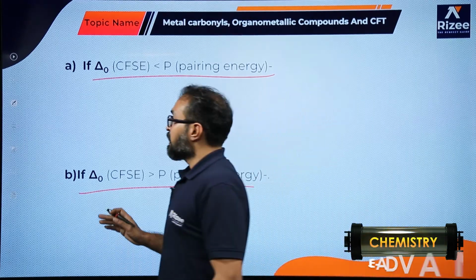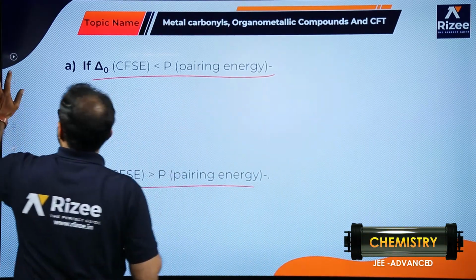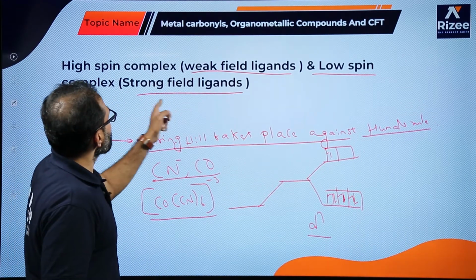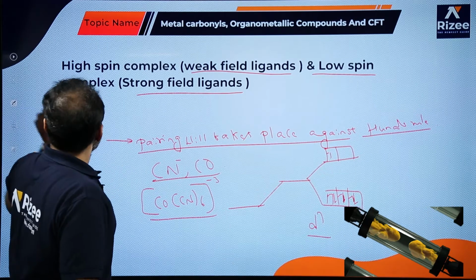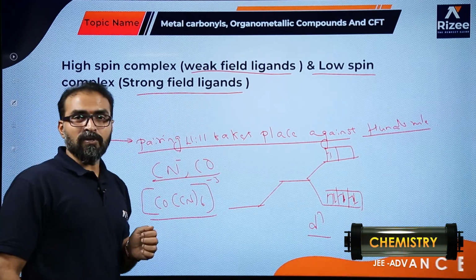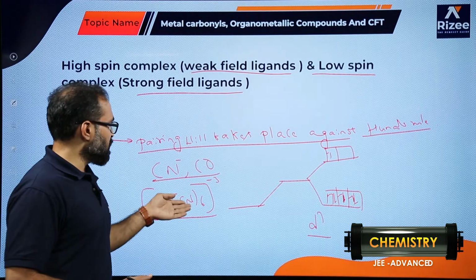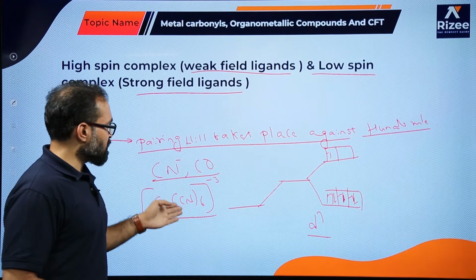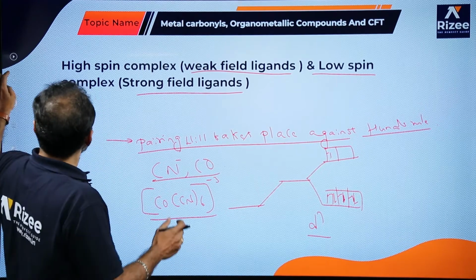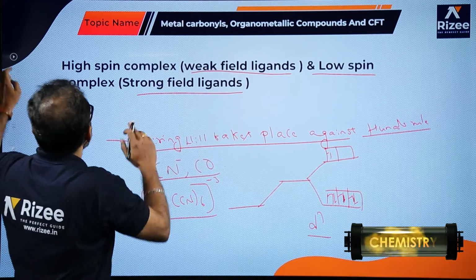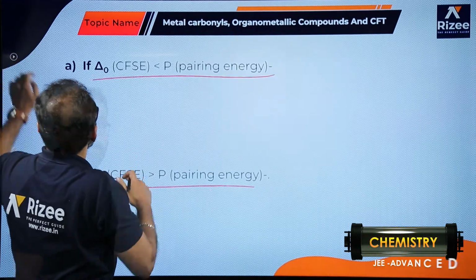Already told you: high spin complex is weak field ligand, low spin complex is strong field ligand. If you take a strong field ligand, pairing will take place against Hund's rule. Example I gave you: CN, CO. These are strong field ligands. Now we will take one example for the weak field ligand, or high spin complex.